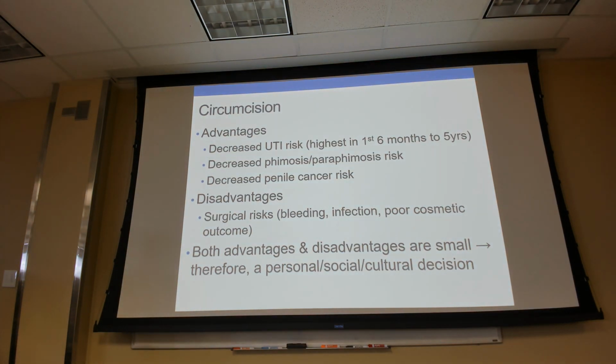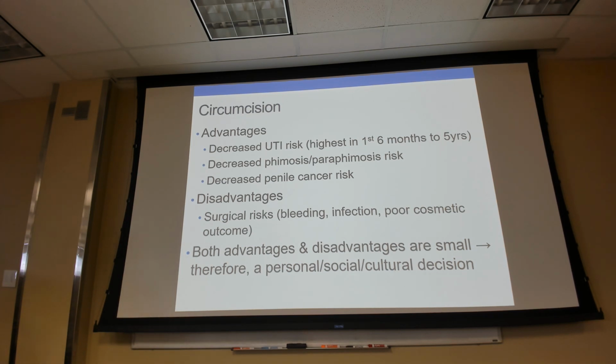So when we're thinking about circumcision, it's probably truly the only elective surgical procedure in a child, maybe ear piercing, I guess. But truly, the things to talk about if a family says, well, what are the risks and benefits of this? Well, at the beginning of this, we talked about it's going to have an increased risk of UTI in that first year of life if you are not circumcised.